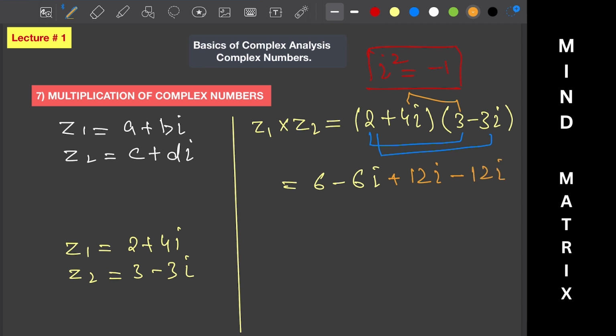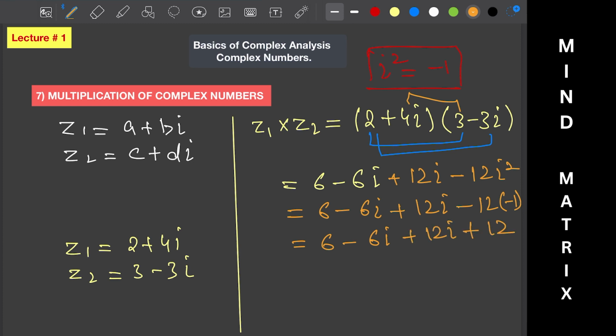So now we have 6 minus 6 iota, and 4 iota multiplied by minus 3 iota becomes minus 12 iota square, plus 12 iota. Since iota square equals minus 1, this gives plus 12. So we have 6 minus 6 iota plus 12 iota plus 12.